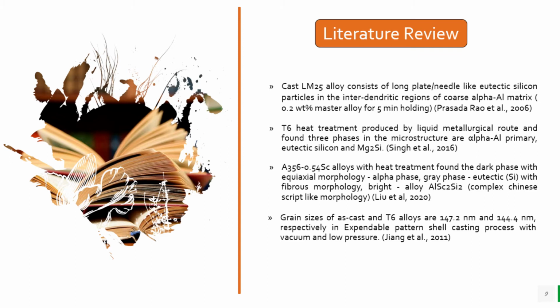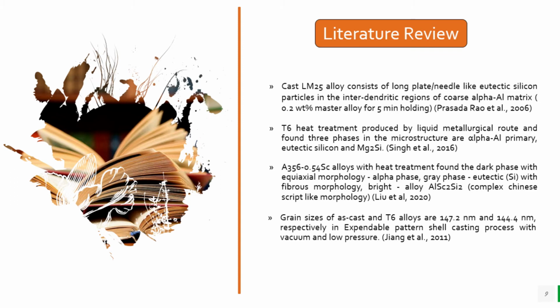Next, from Liu et al., in the study about the A356 with 0.54 scandium alloy and with heat treatment, they found the dark phase with axial morphology is an alpha phase. The gray phase is a eutectic with fibrous morphology. And lastly is a bright phase, which is an alloy of aluminum, scandium, and silicon with a complex Chinese script-like morphology.